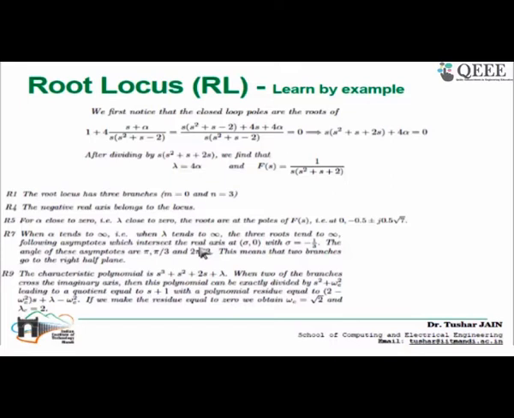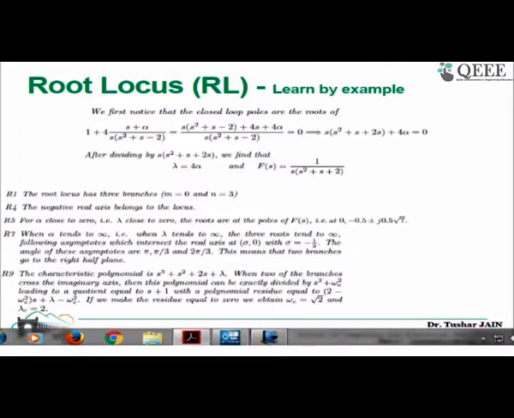Now rule number 9 says when the root locus crosses the imaginary axis, okay, say at s equal to plus minus j omega c, then omega c can be computed either using the Routh-Hurwitz algorithm, in the same way if there is any zero occurring there, or using the fact that s square plus omega c square divides exactly the polynomial d of s plus lambda times m of s, for some positive real value of lambda.